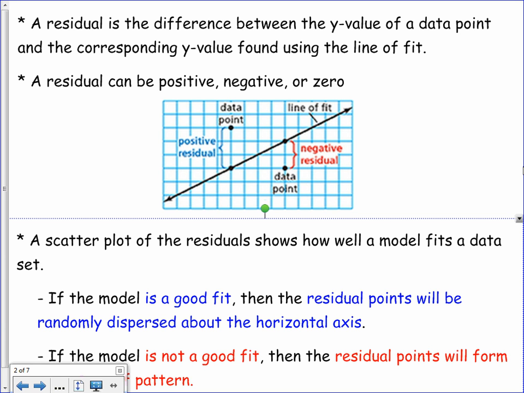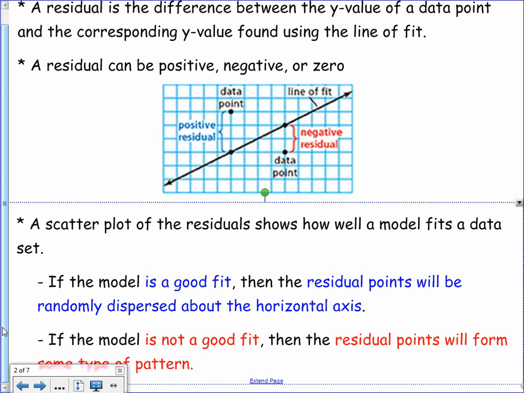Now, a scatter plot of residuals will show how well a model fits a data set. So if we're trying to determine how well the line of fit actually models a data set, we're going to make a scatter plot of all the residuals. If it's a good fit, then the residual points will be randomly dispersed about the horizontal axis, so we'll have random points above and below the horizontal axis, or the x-axis.